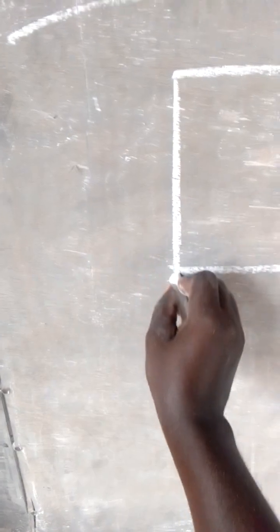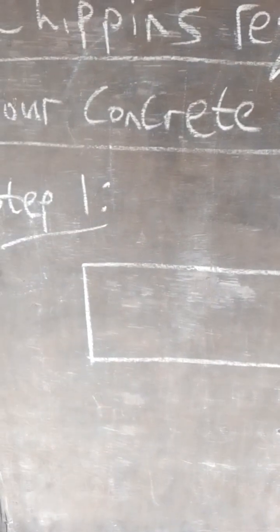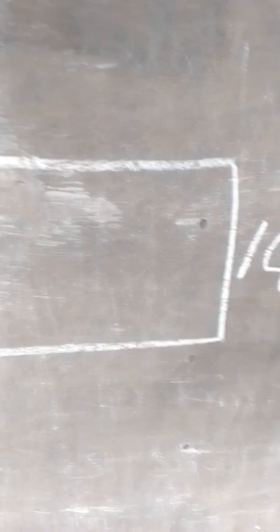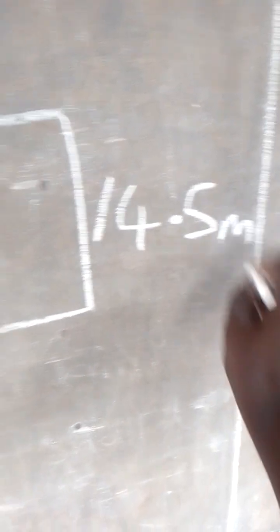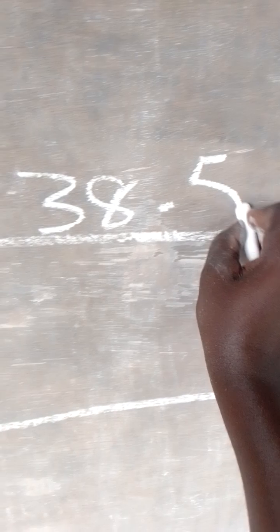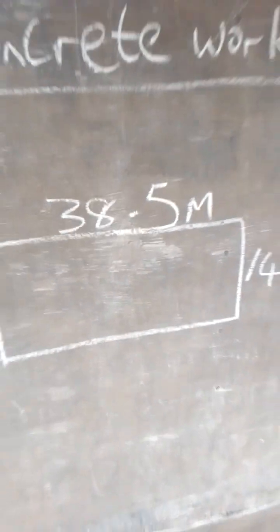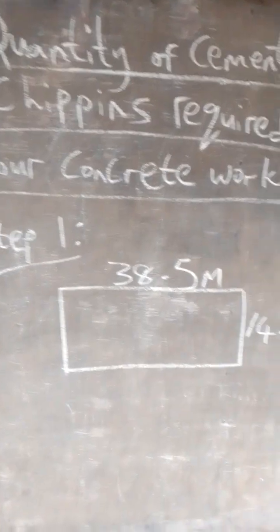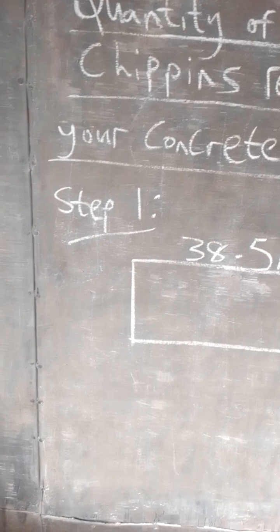A large DPC of a cathedral that has a width of 14.5 meter and a length of 38.5 meter. That's what we are going to use to do this calculation.